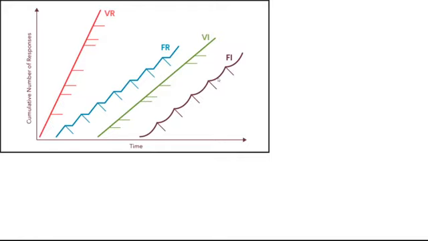You'd have to have a comparison, where the one that has a steeper slope would likely be your ratio, and the less steep slope would be the interval. But anything variable is a straight line. Fixed ratio is a sort of a hard step. And then our fixed interval is our scalloped pattern. And we see this across multiple species in a lot of different scenarios. So this is a nice general graph to know.